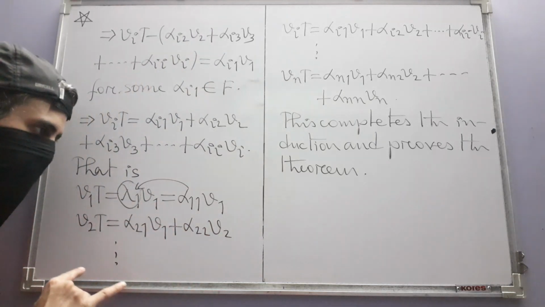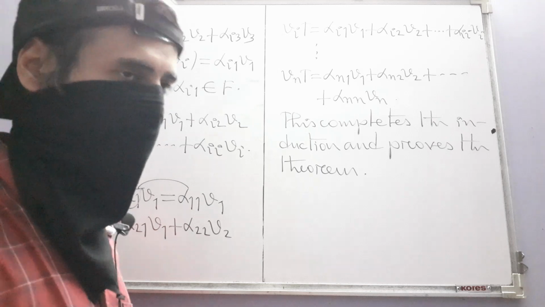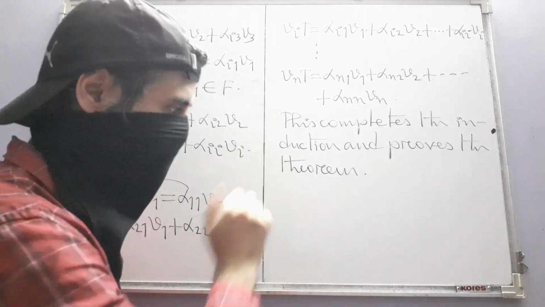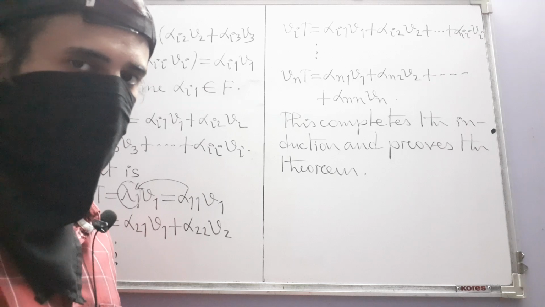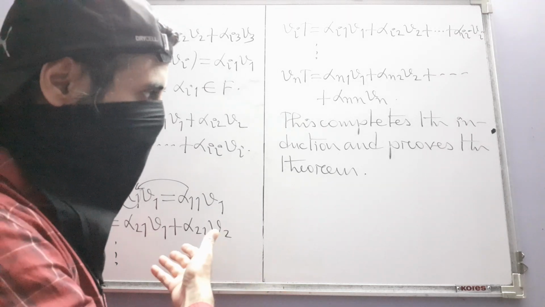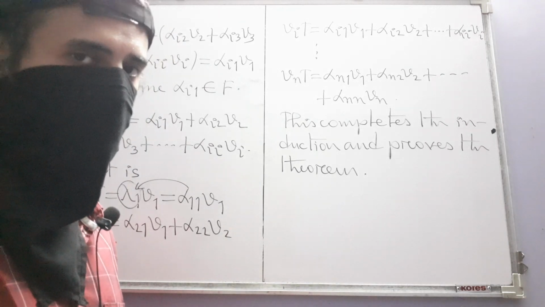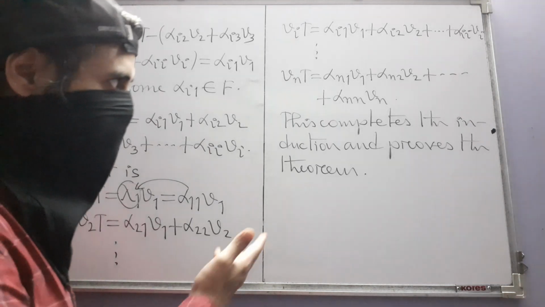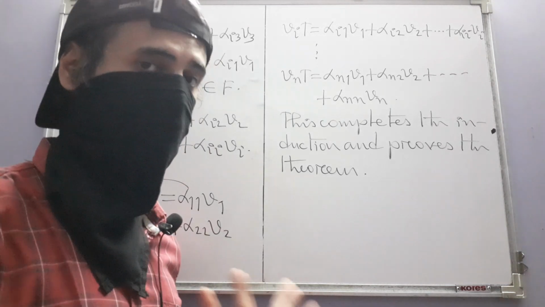So if the minimal polynomial of T is a complex polynomial, in other words, if the underlying field is the field of complex numbers, then you have this result, that any operator will be triangular.